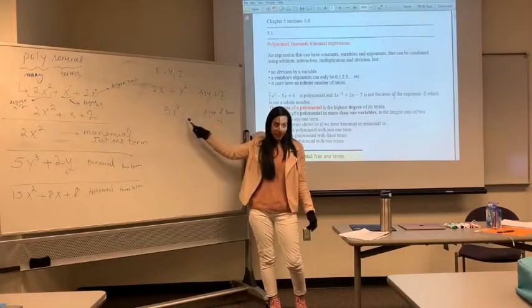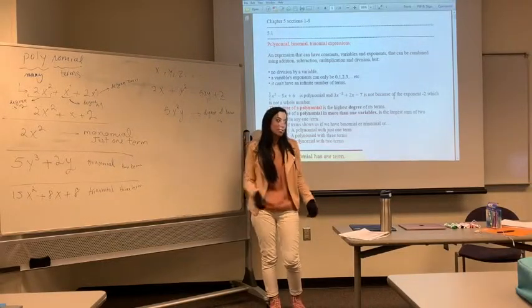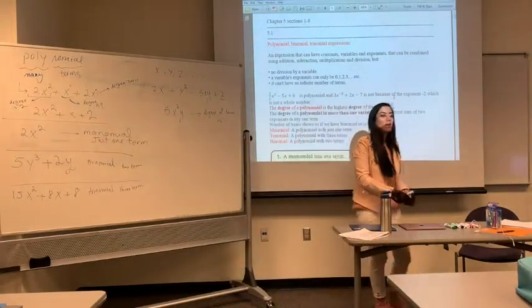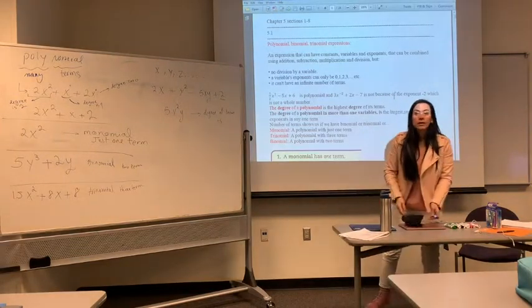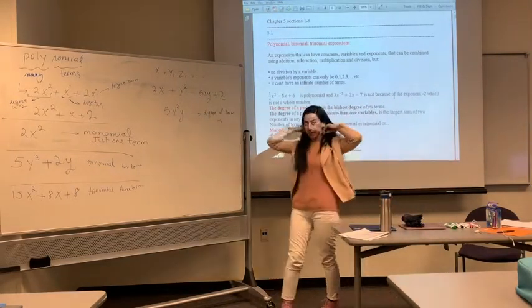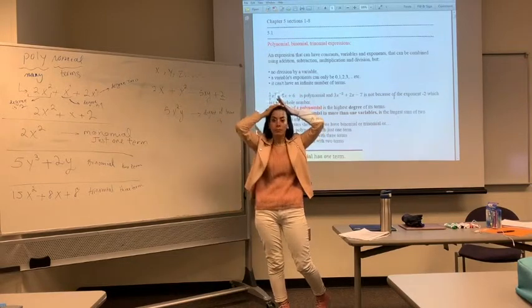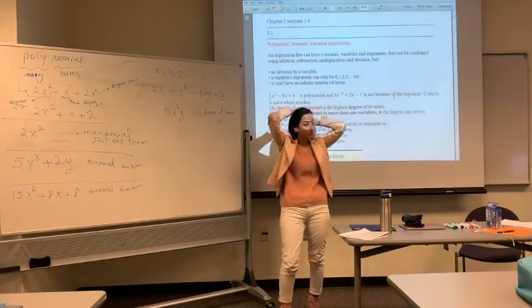You will add them together, and that would be the degree of that term. So if you have more than one variable, you will add the exponents. That would be the degree.